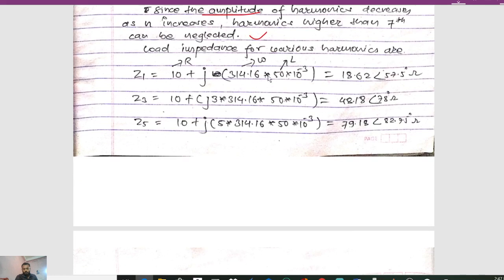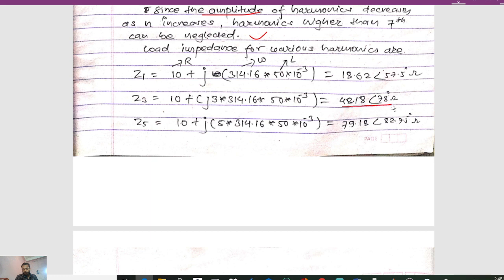For n equals 3, we have 3 into 314.16 and L of 50 into 10 power minus 3.